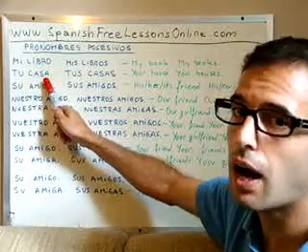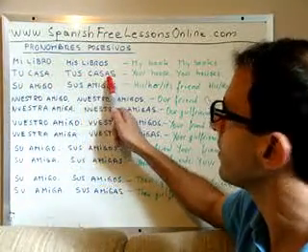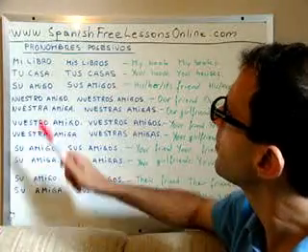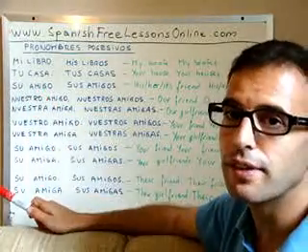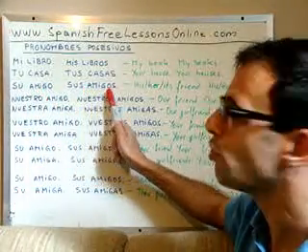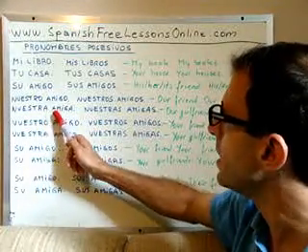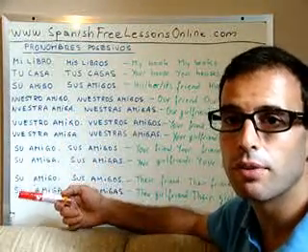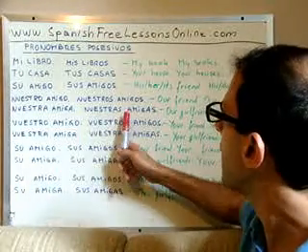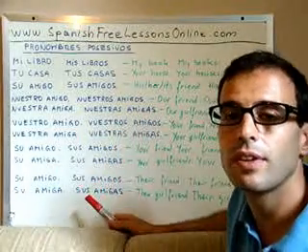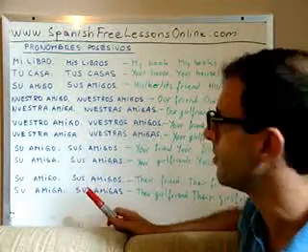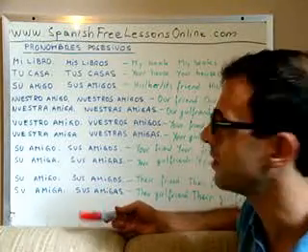Casa is house. Casas, houses. Amigo is friend. Amigos, friends. Amiga is female friend or a girlfriend. Amigas is girlfriends, right? The feminine of friend.